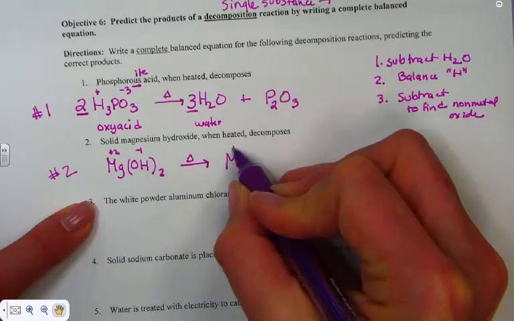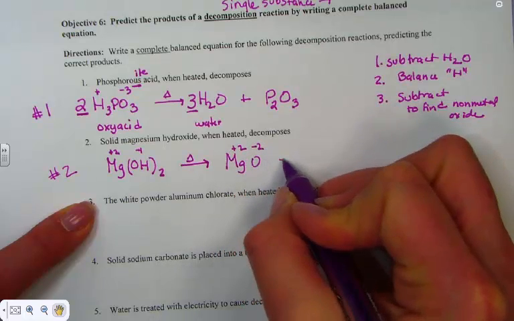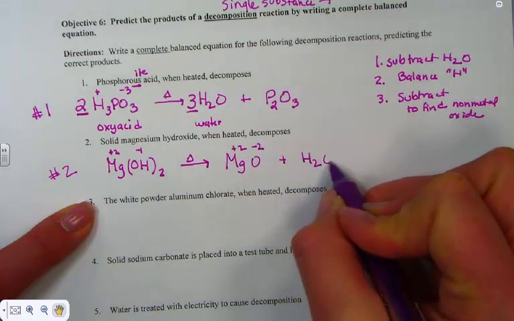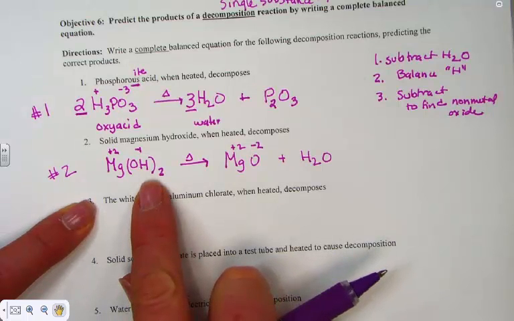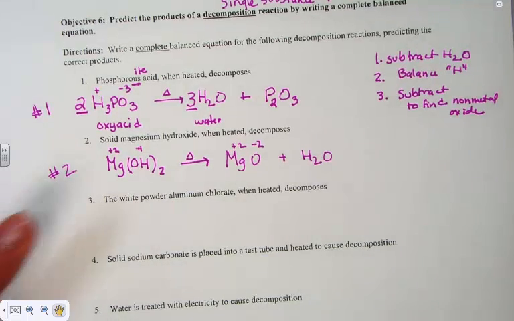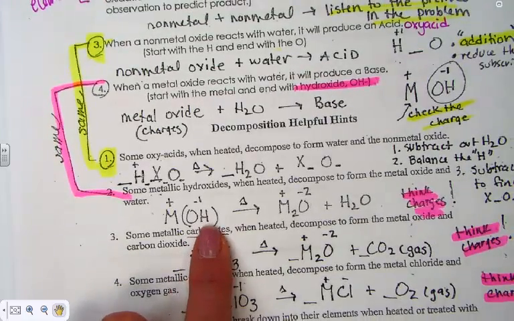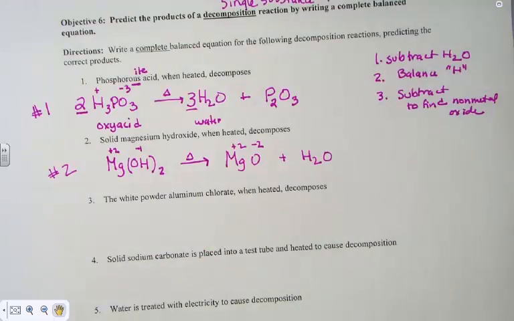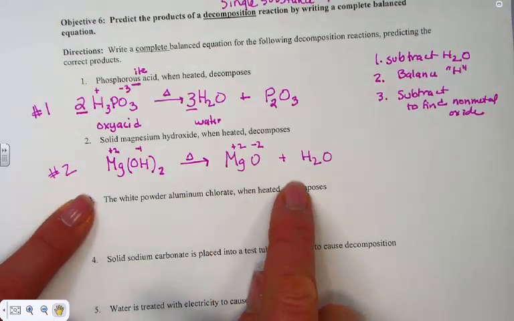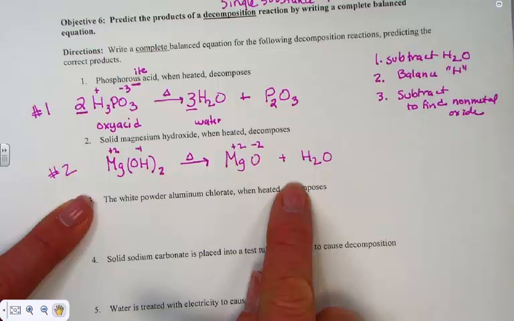The metal oxide is magnesium oxide and water. This equation, when it decomposes, works out to be balanced. The hydroxide is the base. When metallic hydroxides are heated, out comes the metallic oxide and water. Hooking by charge, we end up with a balanced equation.